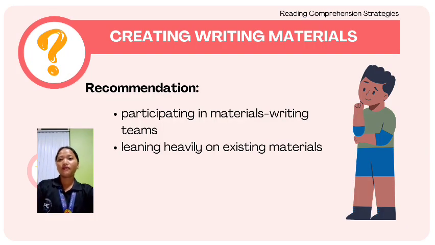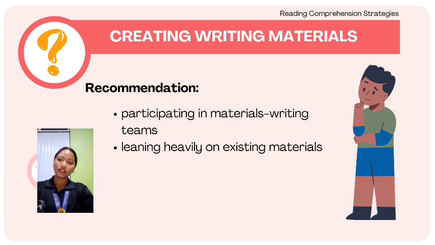So developing effective writing materials can be approached in 2 key ways: participating in materials writing teams and relying on existing materials. Working in a team allows educators to collaborate, share expertise, and create well-structured resources that address students' specific needs. So this process ensures that materials are comprehensive, engaging, and aligned with learning objectives.